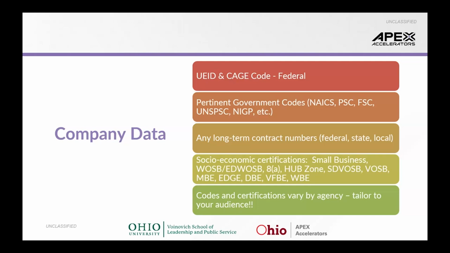If you're putting that you're certified as a WOSB or EDWOSB, that's no longer self-certification, as WBENC can tell you. So make sure that if you put that on there, you are actually certified. Again, it varies by agency, so tailor it to your audience and who you're speaking to. Some prime contractors will take the WBE and don't care about the WOSB. So be specific and make sure you're including the right codes and the certifications.